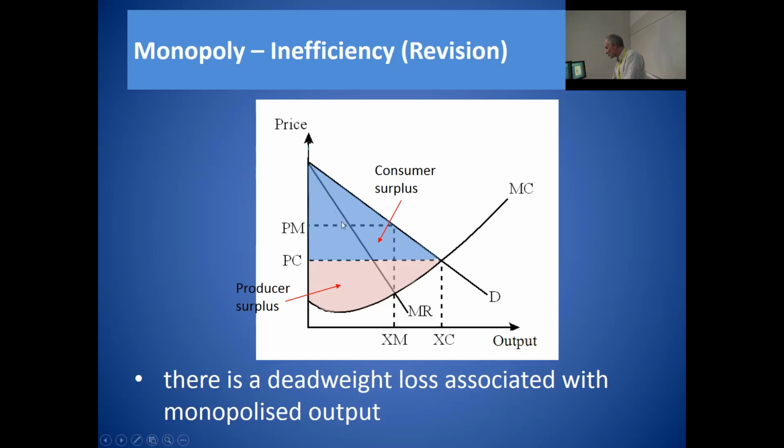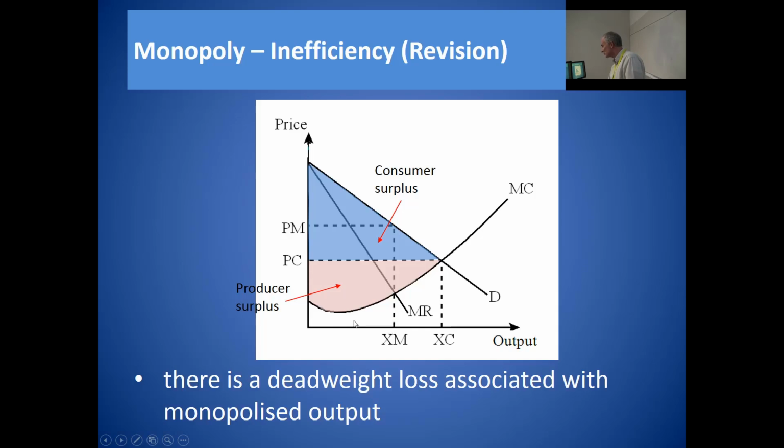So that is our marginal revenue curve, sloping downwards more steeply below the demand curve. That is our marginal cost curve, sloping upwards. Marginal revenue and marginal cost are equated where the two curves intersect at that point there on the diagram. So that says the level of output that maximises profits is an output level XM.